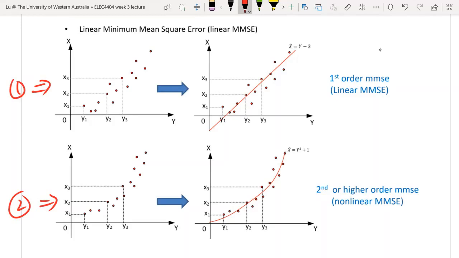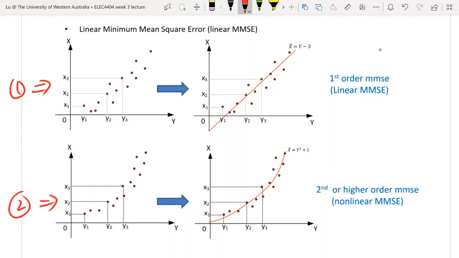And based on the positions of the sample points, we are actually constructing two different functions for these two cases. In the first case, on the top row, based on the position of the dots, the so-called best fit line, the function curve of our MMSE estimator, looks like a straight line going up.